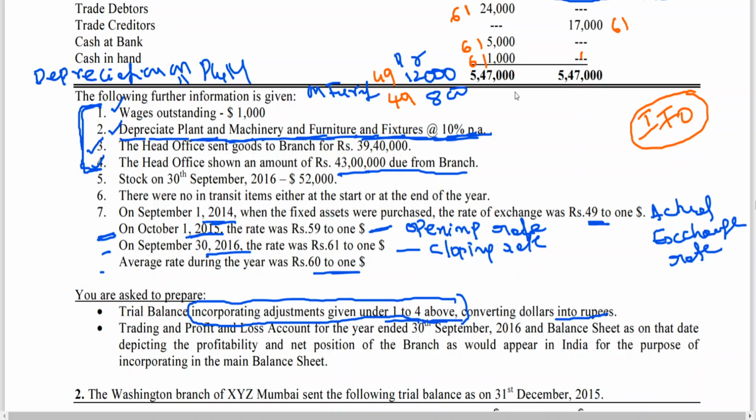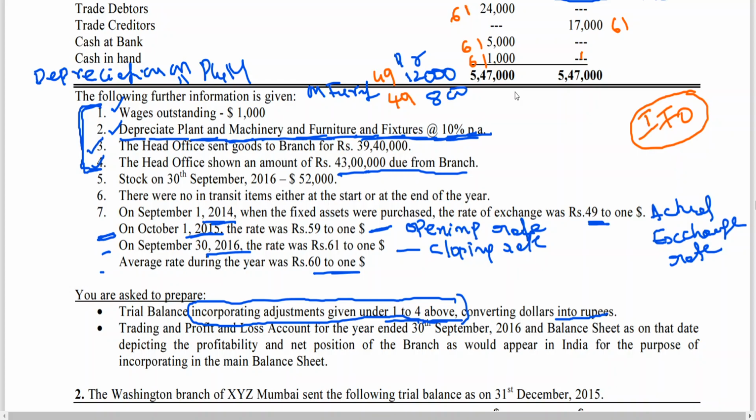So the gain or loss will be taken to the profit and loss account in case of integral. In case of non-integral, it will be taken to the balance sheet. For a gain on non-integral foreign operation, the balance sheet will show, like I told you last class, what is called, my dear friends, the foreign currency translation reserve.